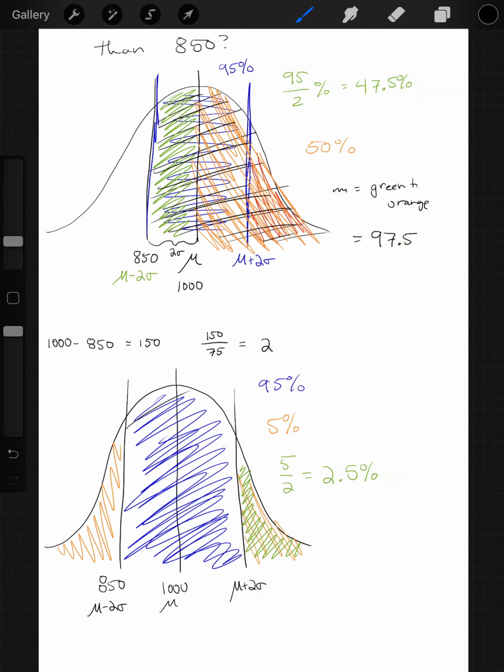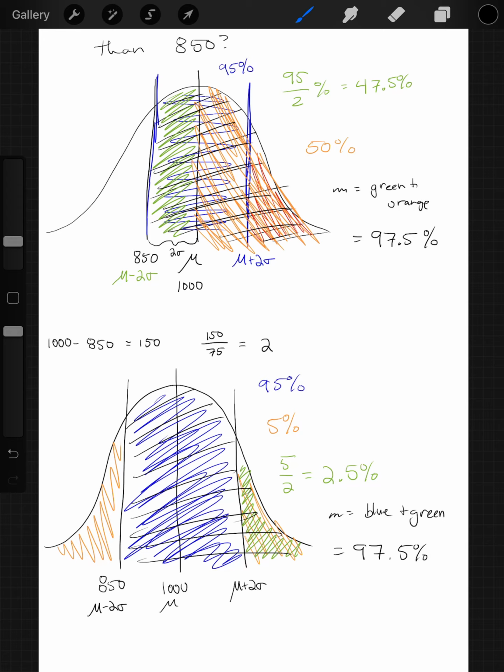So that means that the stuff that we care about in this case is blue plus green, which again is 97.5%.